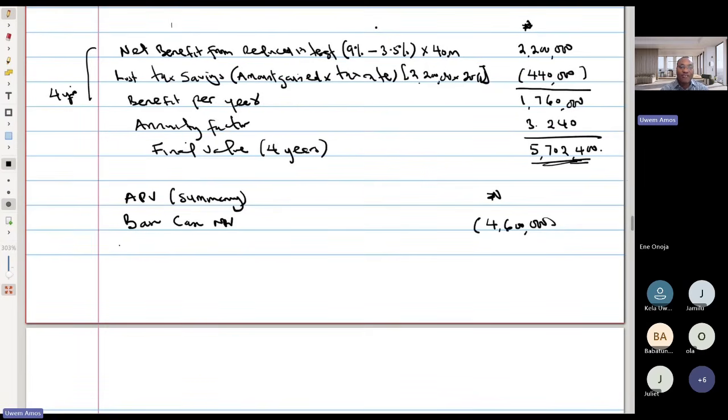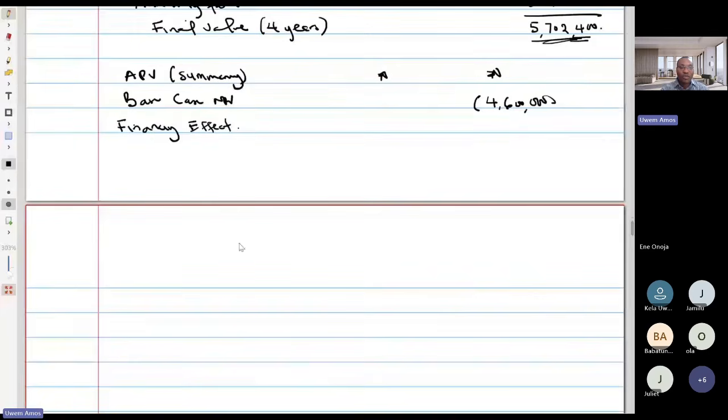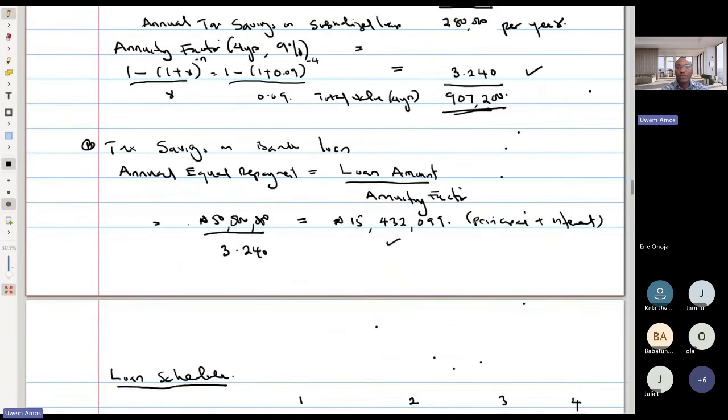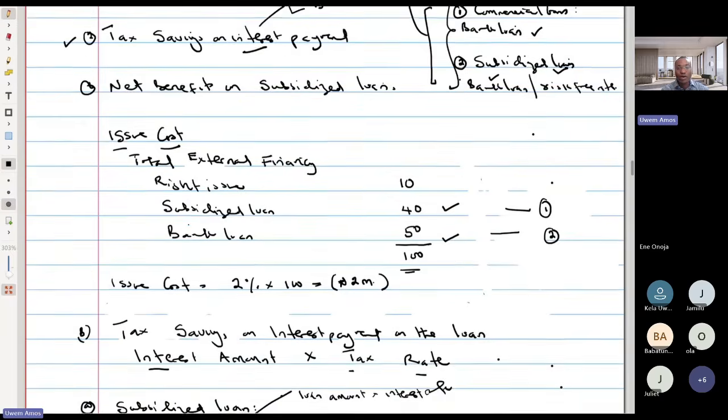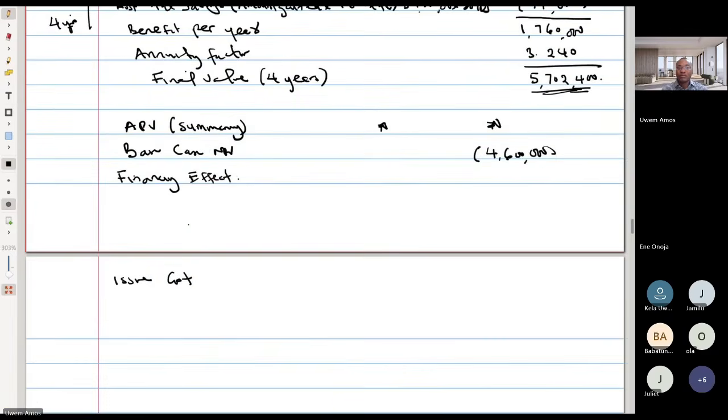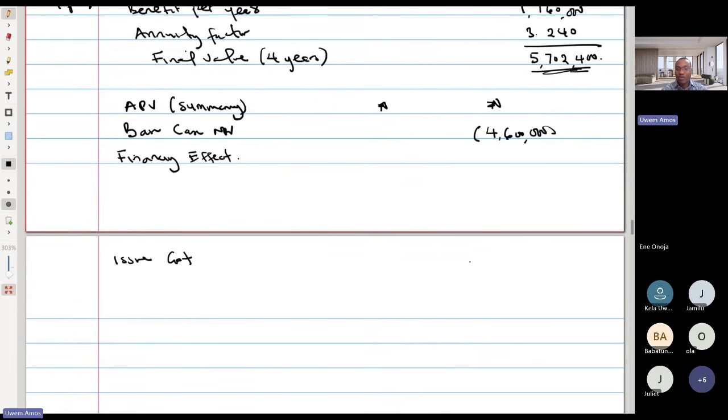We then have our financing effect now. So our financing effect. We have our issue cost. How much are we spending for issue cost? That was the first calculation we did. 2 million is our issue cost.